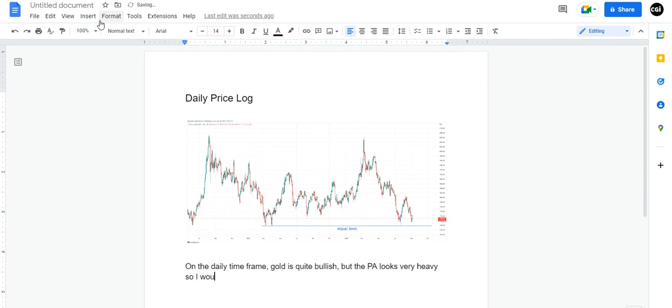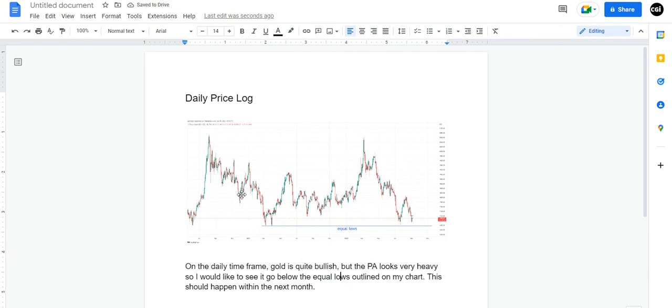I would like to see it go below the equal lows outlined on my chart. This should happen within the next month. We're expecting it to happen within a 4 week period.